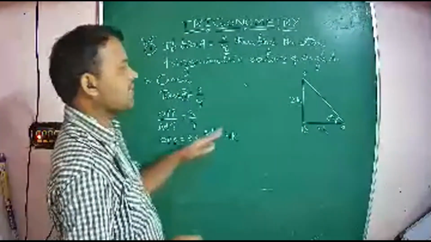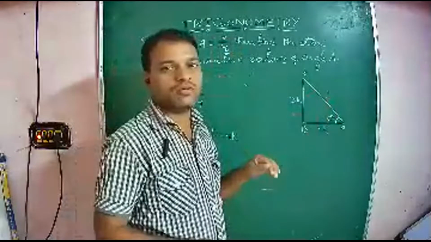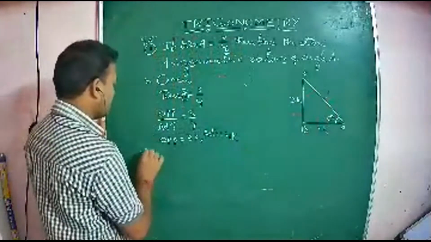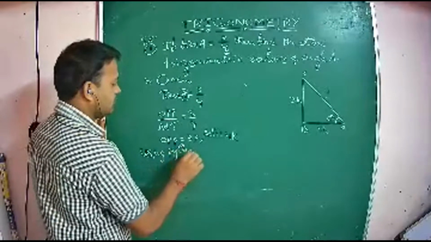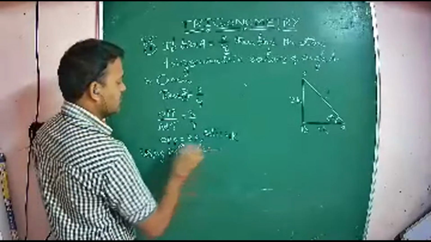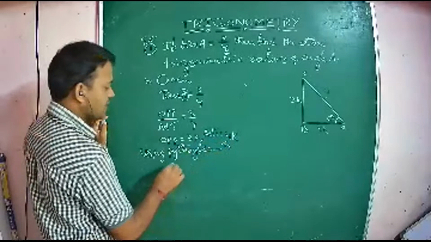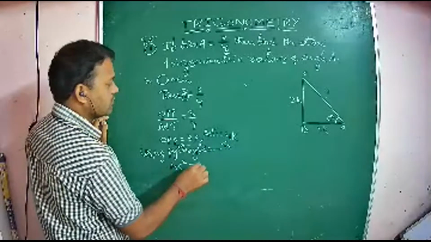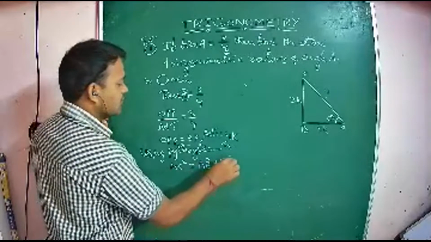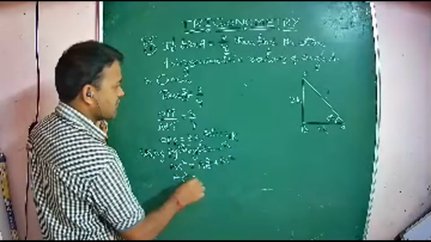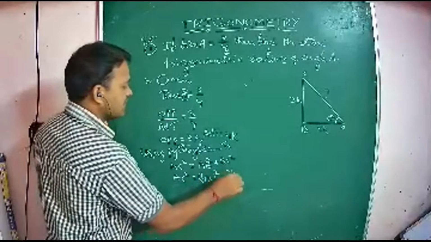Now I want to find this hypotenuse value. As I told you, using the Pythagorean theorem: AC square is equal to AB square plus BC square. So AC square is equal to 4k whole square plus 3k whole square.